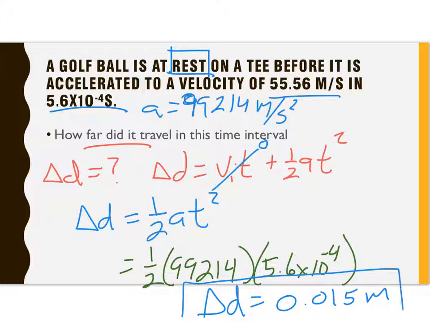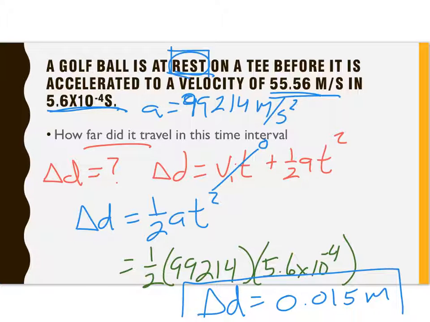So it's a very short distance, but I'm going from rest, or 0, to very fast speed in an extremely short amount of time. So I'm going to end up moving for a very short distance with an extremely large acceleration.